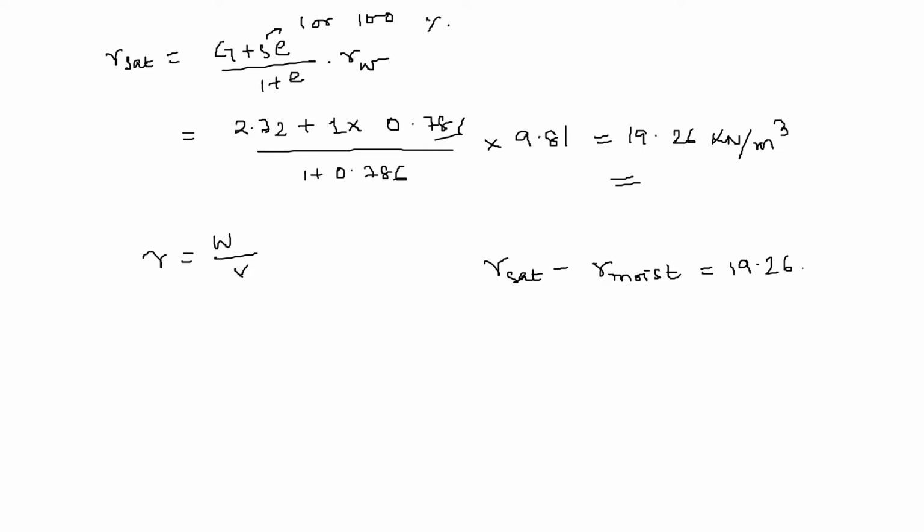We found out the moist unit weight already in the previous part of this question, which is 16.43, right? So if we subtract, we get the value as 2.83 kilonewton per meter cube. So this is the weight of the water to be added per meter cube of the volume of the sample.